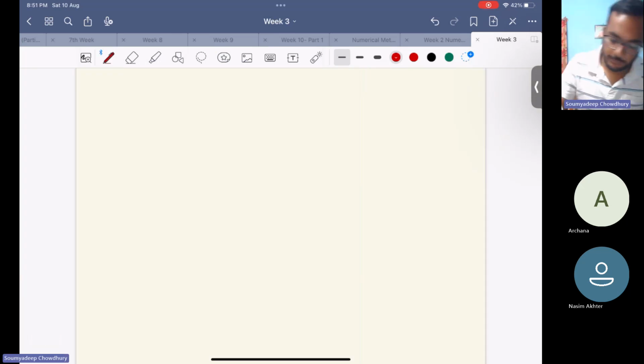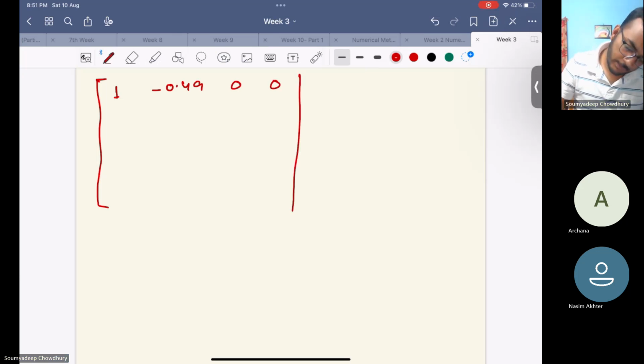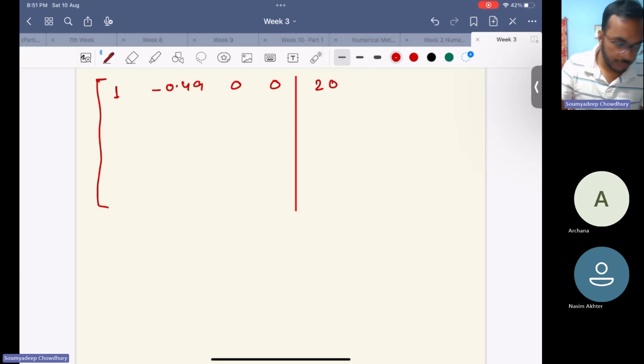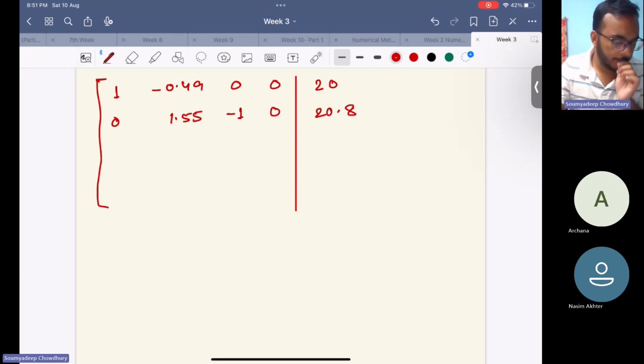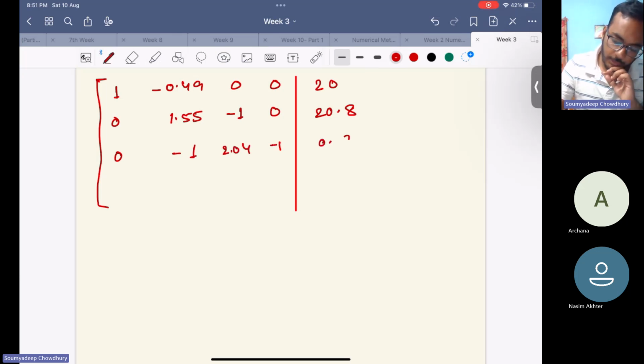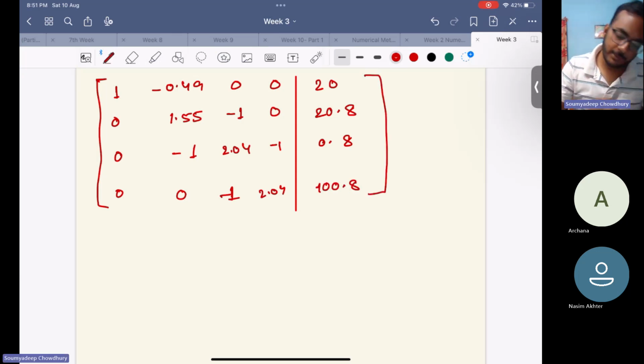If we do this, we get the augmented matrix: 1, -0.4902, 0, 0, 20.8. Then 0, 1.55, -1, 0, 20.8. Then 0, -1, 2.04, -1, 0.8. Then 0, 0, -1, 2.04, 100.8. So the first step is over.